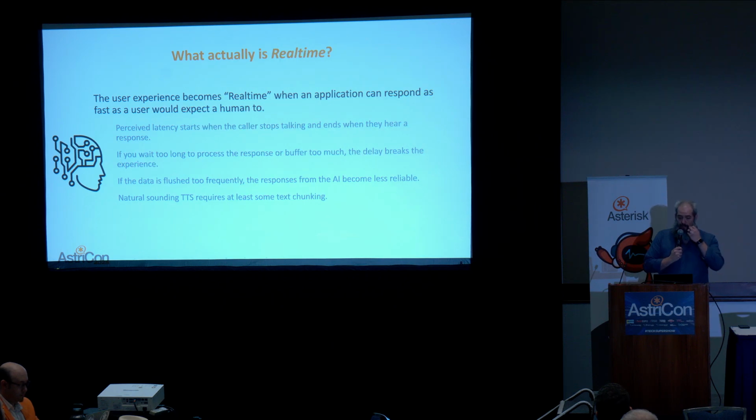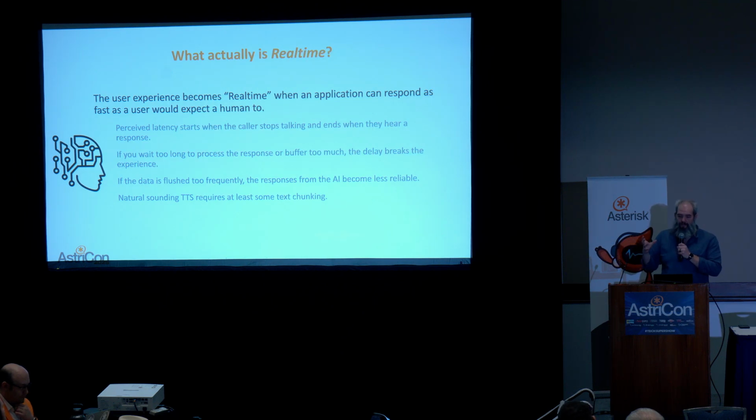On the other side though, if you flush too frequently, the AI is handling the input linearly, and if you ask for responses too quickly or give it too granular data, it's not going to come up with a very good answer. It's less reliable the less information you give it. In the text-to-speech direction, if you want the audio coming back to the user to sound like an actual person, you're going to have to chunk the text.